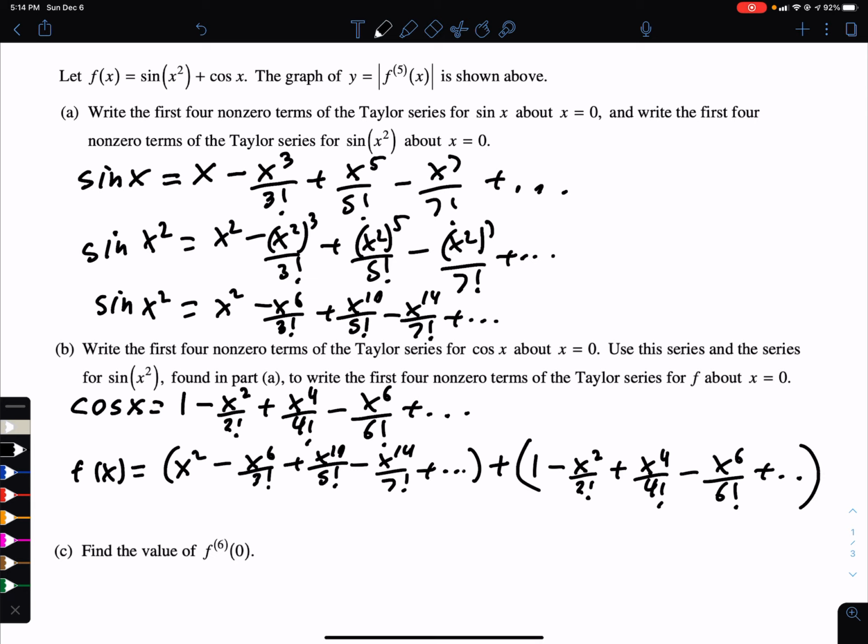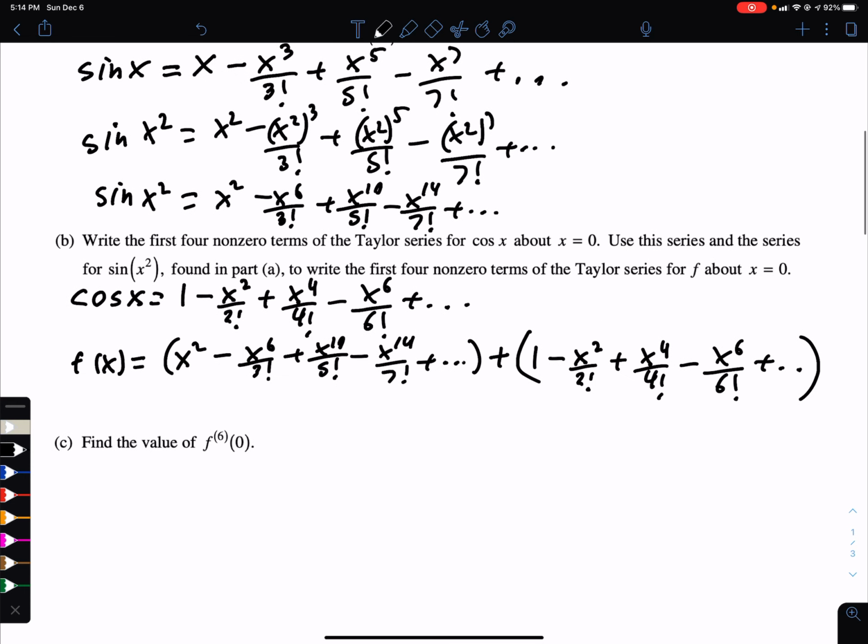And what do they want? They say they want the first 4 non-zero terms. So we're going to add these. We're going to start with a constant 1. And then x's. Notice there's 2 of them. No x's, I mean. Okay, I think we're good. There's no x terms, so we're going to do our x squareds.